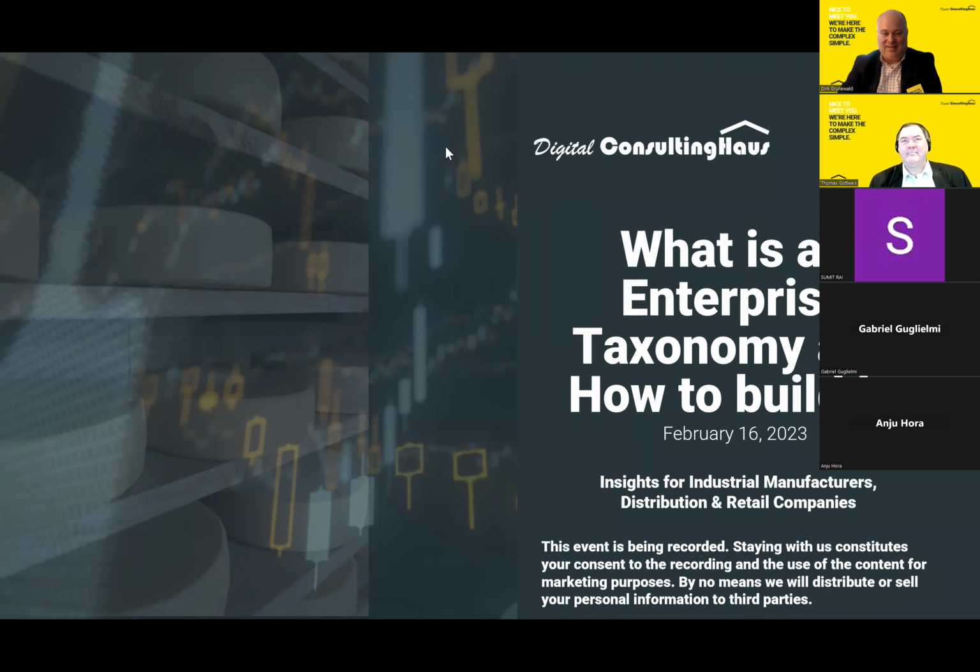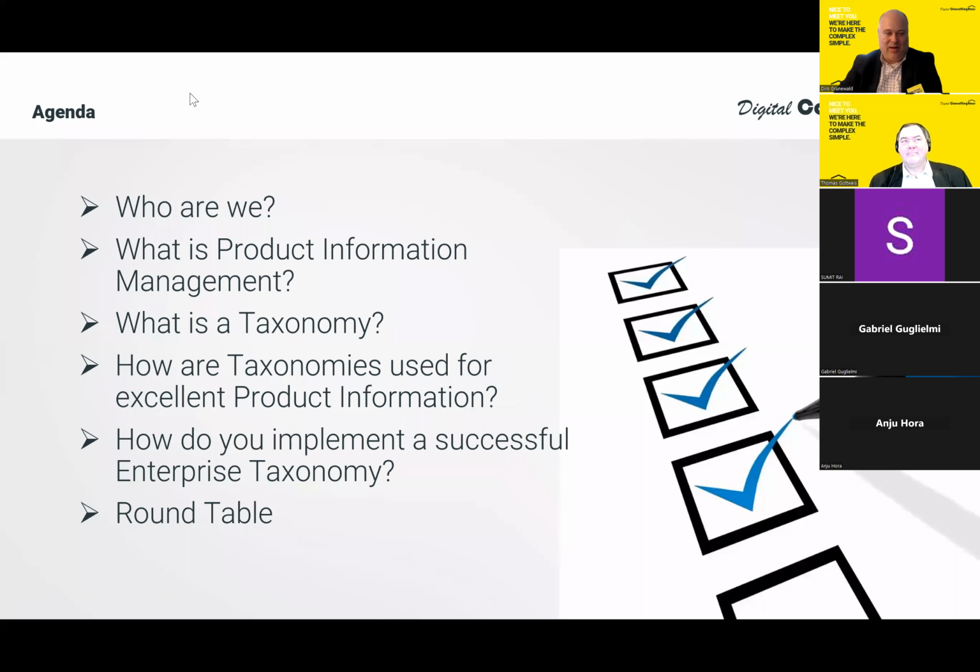Having said that, let me go into the agenda. What are we going to talk about? First of all, we'll provide a very brief introduction of our company and what we are doing, and then we will jump right into the question: what is product information management, why do you do it, and what are the benefits?